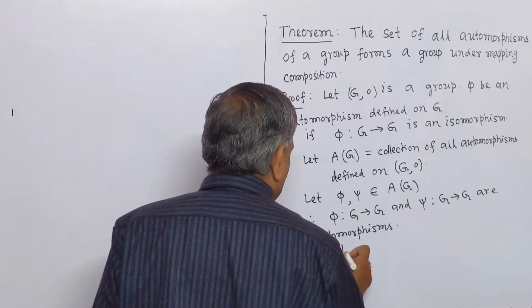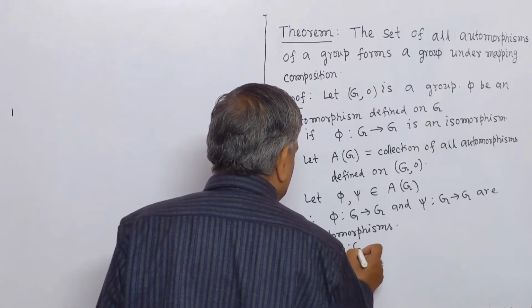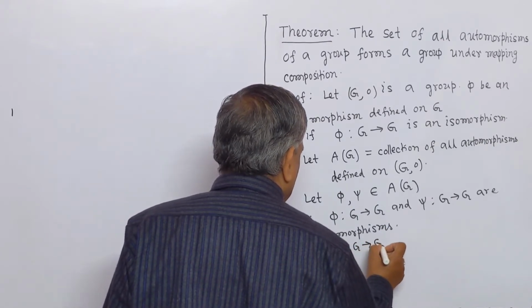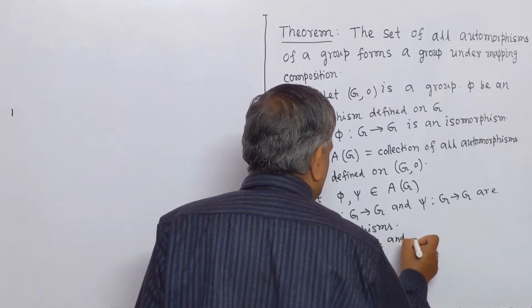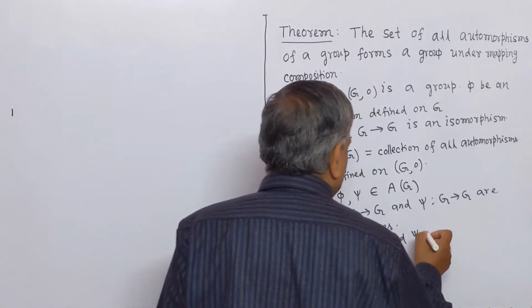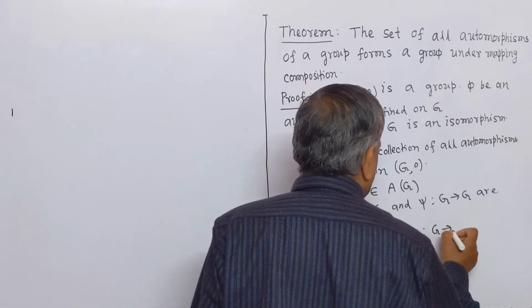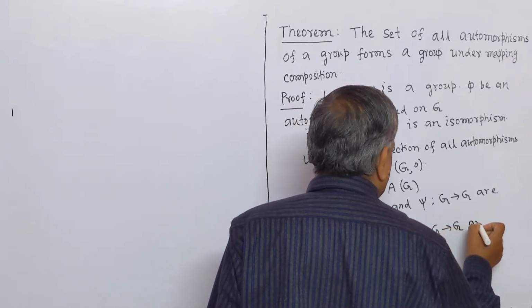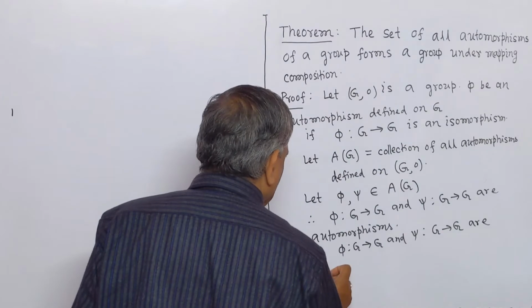This implies that phi defined on G into G and psi defined on G into G are isomorphisms.